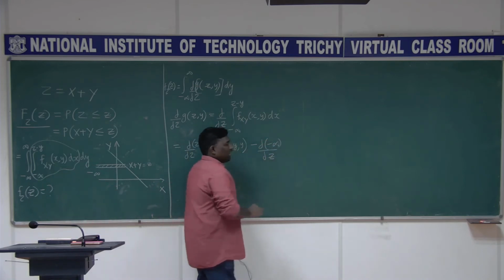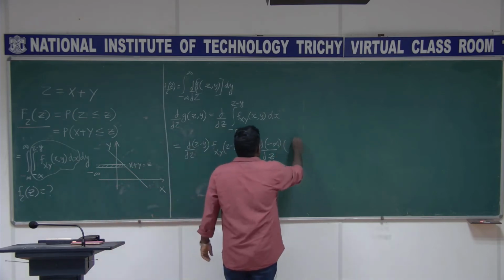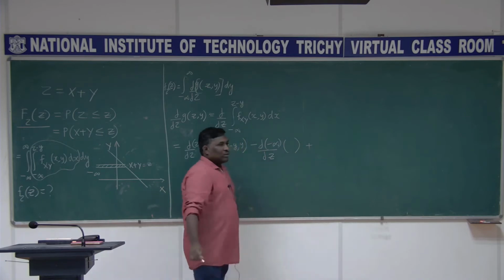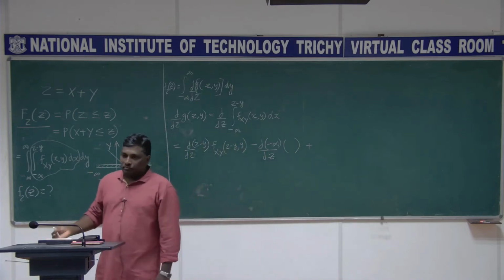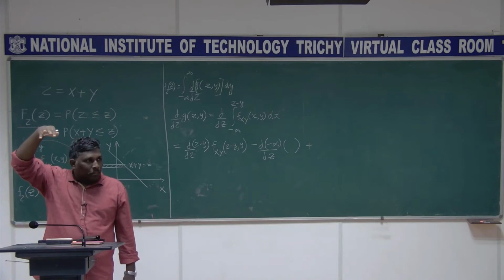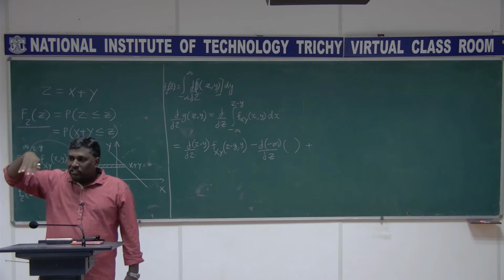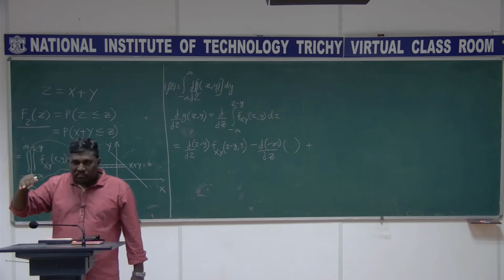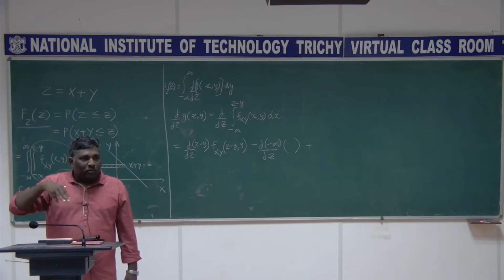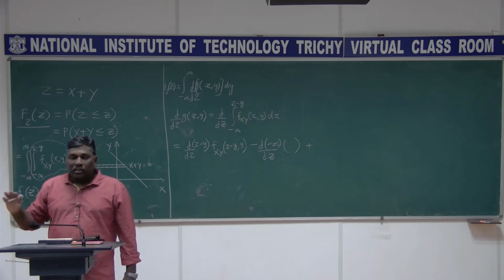The second term is 0. The first term is differentiating the upper limit and substituting x with it, minus differentiating the lower limit and substituting x with it.